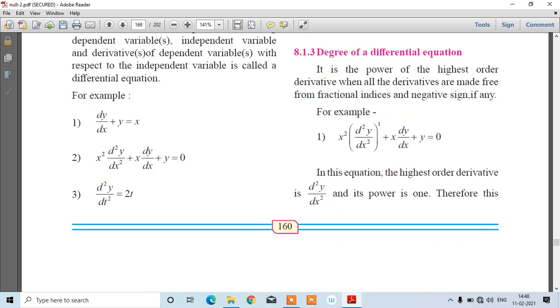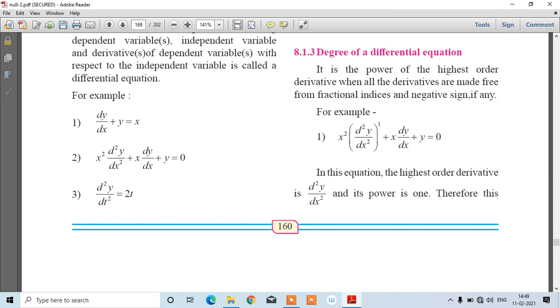Now the next point is the degree of a differential equation. See the definition. How will you get the degree of a differential equation? It is the power of the highest order derivative when all the derivatives are made free from fractional indices and negative sign, if any. Means, as you decide the order of the differential equation, the highest order, and the power of that highest order derivative is called the degree of a differential equation.